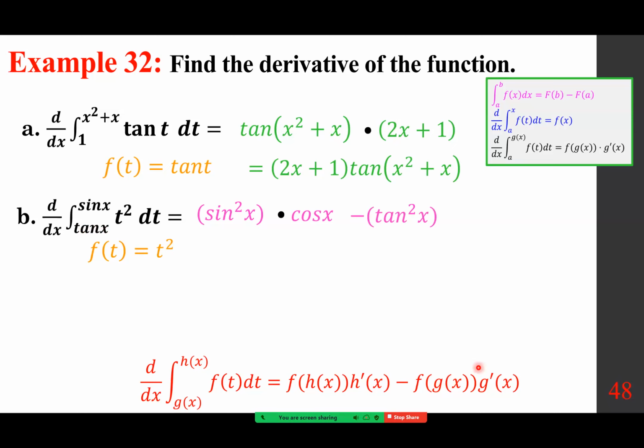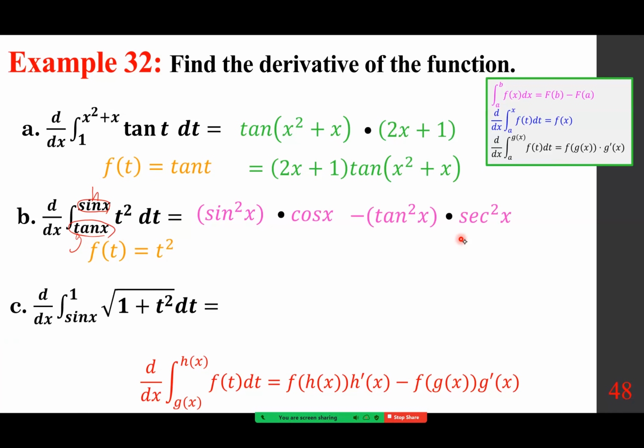And then times g prime. Here's your g. So let me just write that in case. This is the h function. This is the g function. And g prime, the derivative of tangent is secant squared. And you can leave it like that, sine squared x cosine x minus tan squared x secant squared x, because it's as simplified as possible.